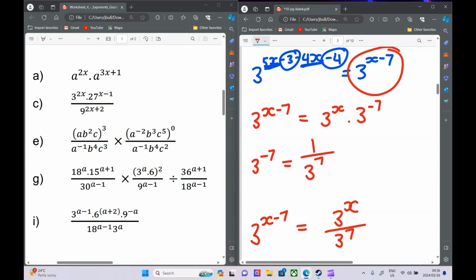Okay, we are going to do one more of these because they are quite long. Let's have a look at E then.